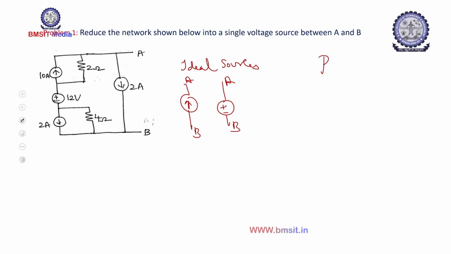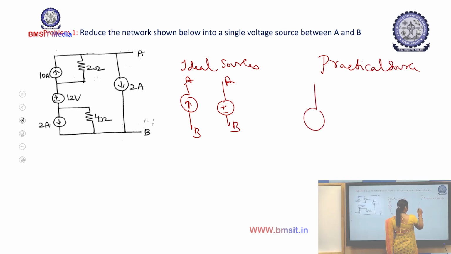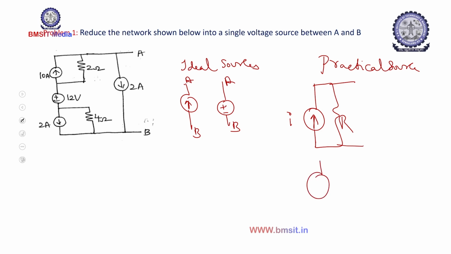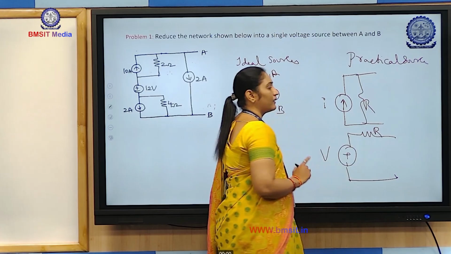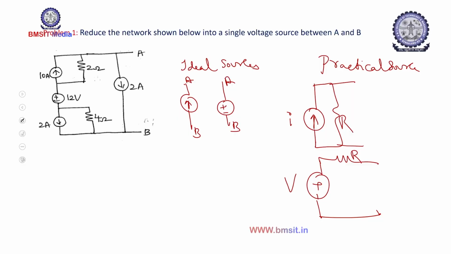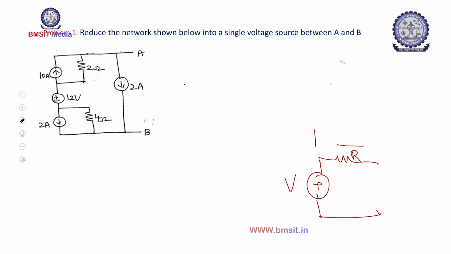Similarly, in the practical source, the current source will have a resistance connected in parallel and the voltage source will have a resistance connected in series. So identify this before we solve the problem. Once we identify, we will get to solving the problem using source transformation.